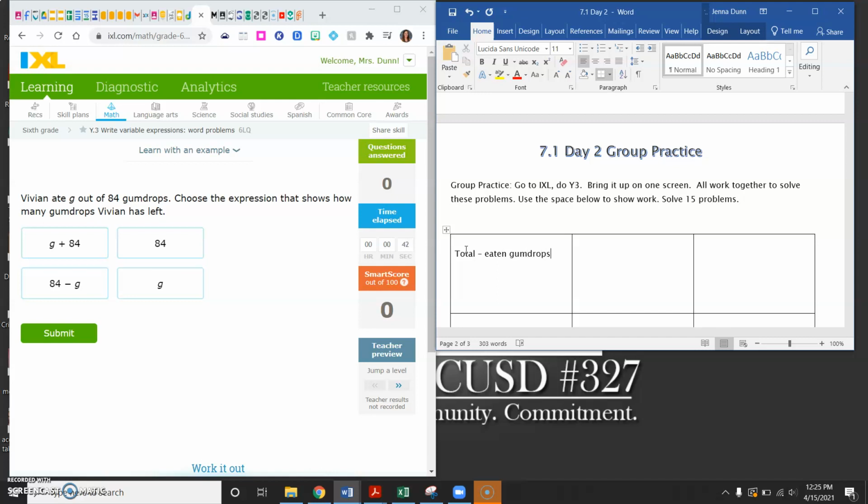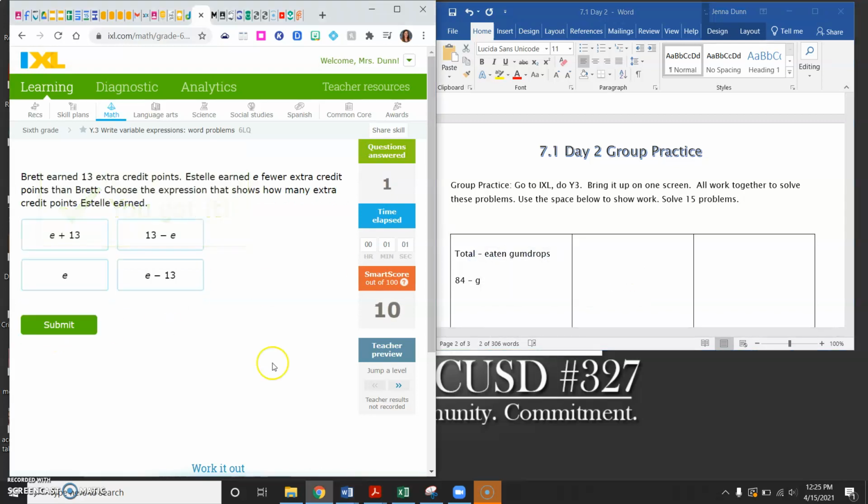So in this case, I would do 84 minus G. I need the words, and then I also need my answer. Okay, for the next one, let's see.